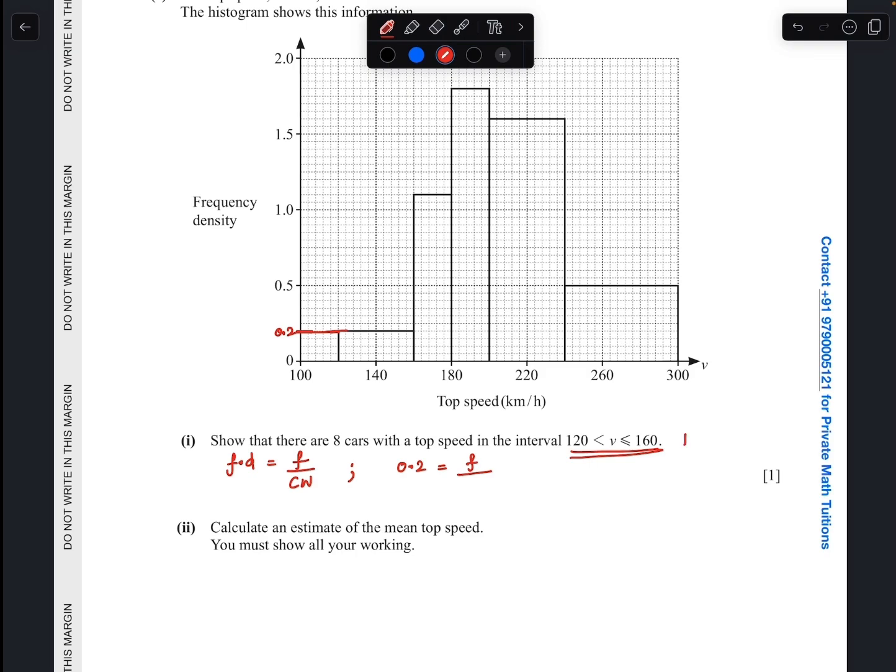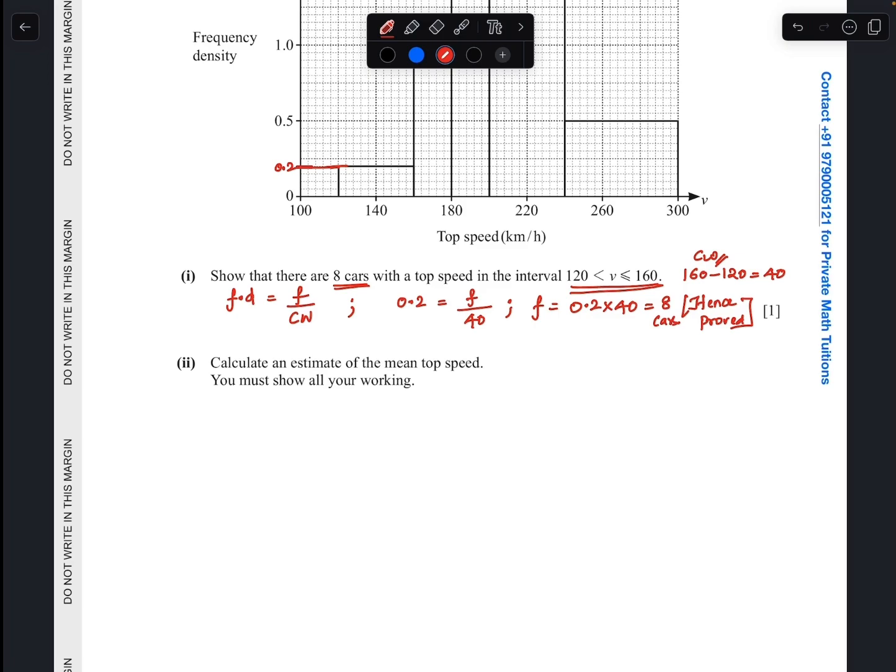How to get the class width? 160 minus 120, which is 40. This is the class width. So F is equal to 0.2 times 40, which is 80, and a decimal point is there, so 8. So we proved, hence proved, 8 cars, right.